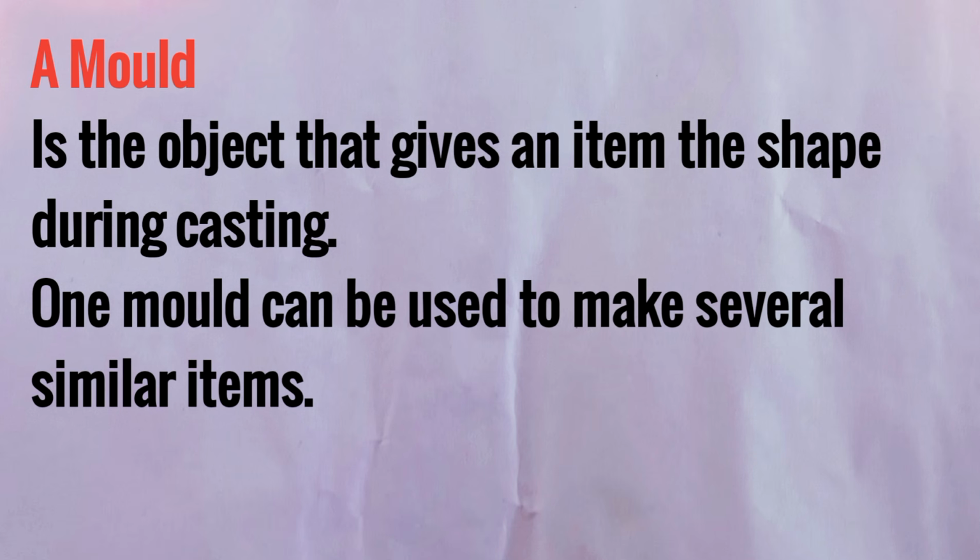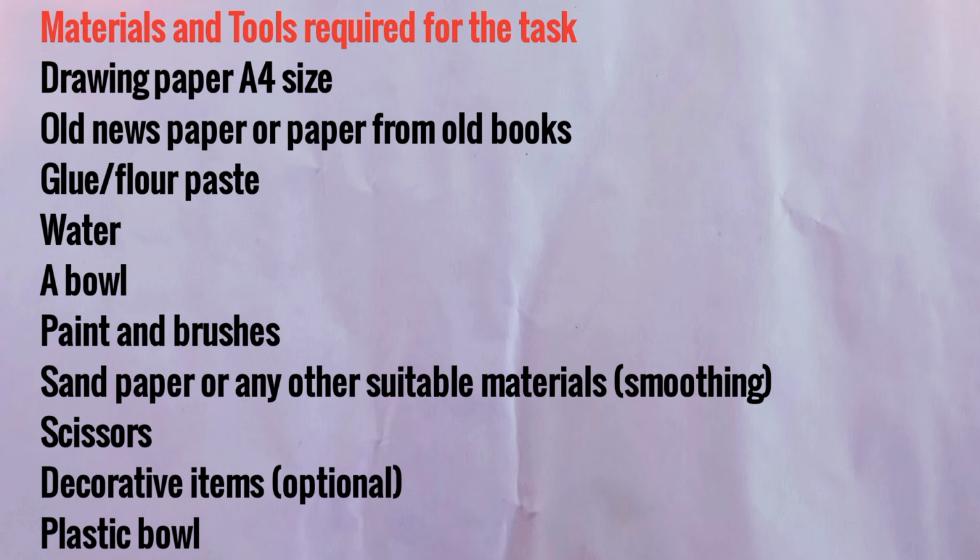After that, let's go to the materials and tools required for the task, because that's the first task the learner is supposed to do, to start assembling the tools and materials. So here are some of the tools. We have drawing paper, that is A4 size, and old newspapers or papers from old books.